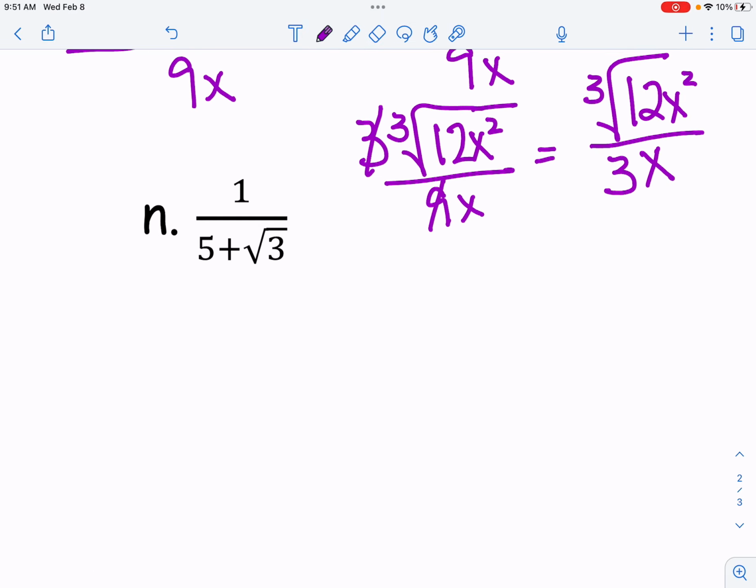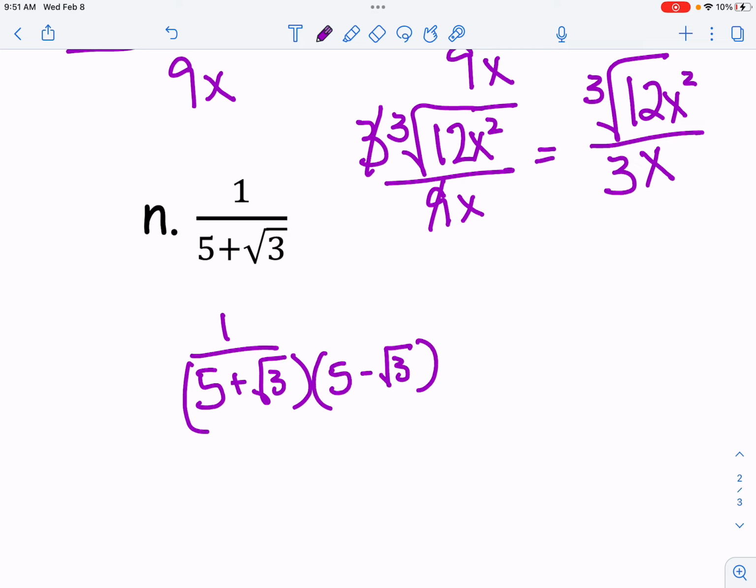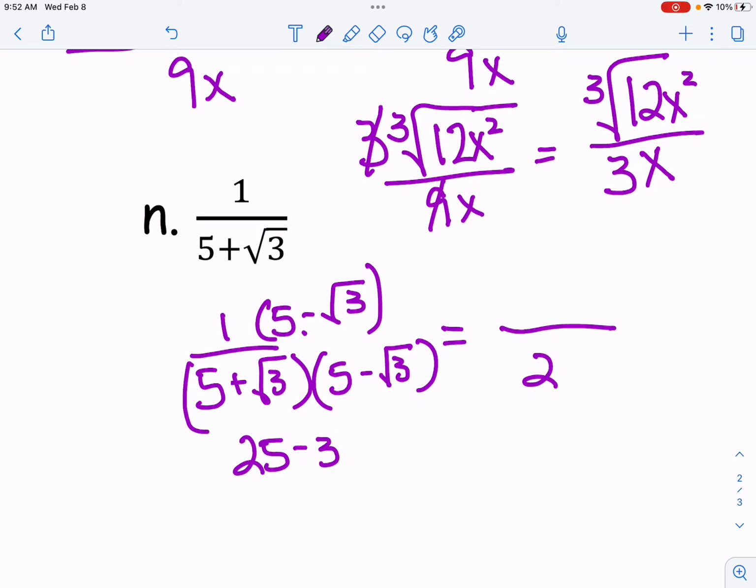When you have a radical in the bottom, you have to multiply times the conjugate, which for this one, it's going to be 5 minus root 3. And so my answer is going to be, for here, 25 minus 3, which is 22. 5 minus root 3.